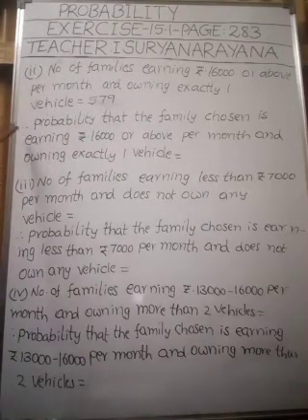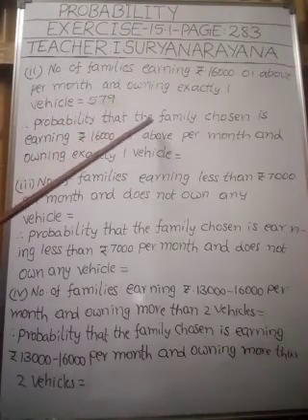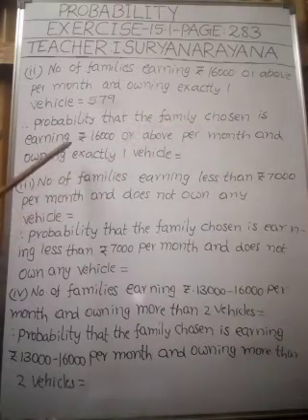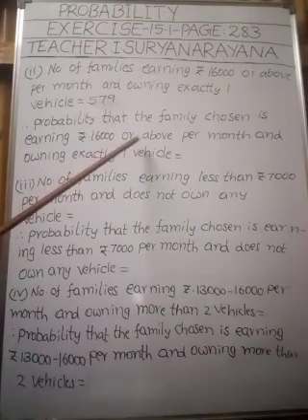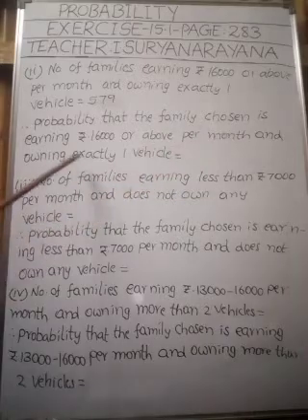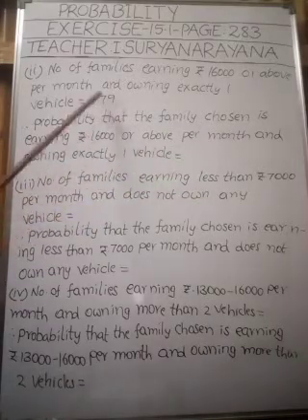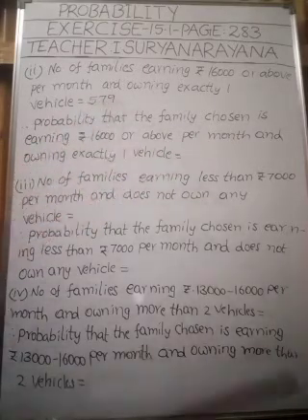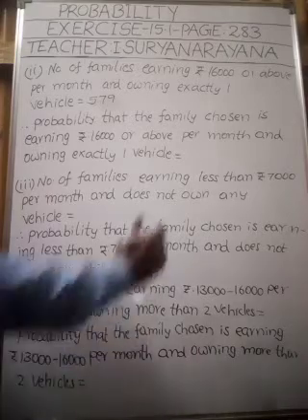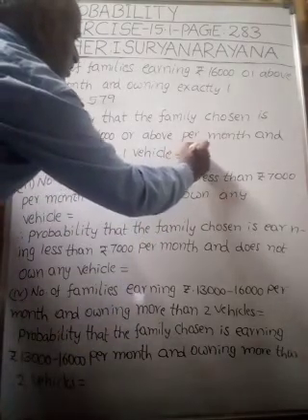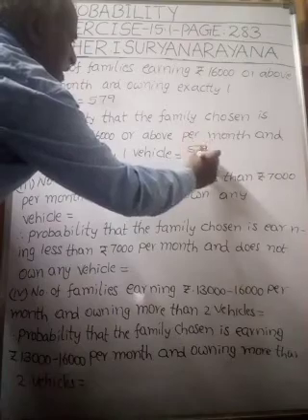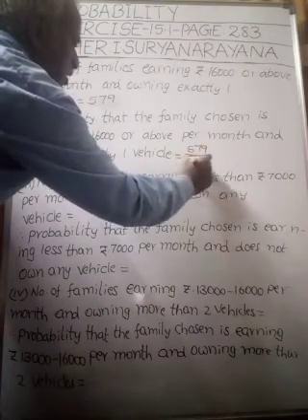Okay, my children. Therefore, probability that the family chosen is earning 16,000 rupees or above per month and owning exactly one vehicle is equal to this number by total number of families. Okay, my children. So 579 by 2,400.